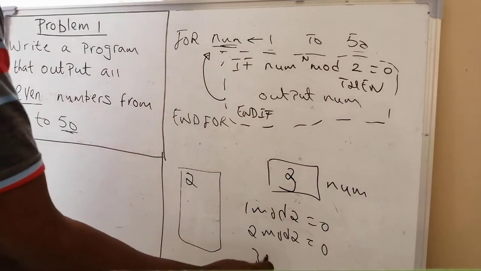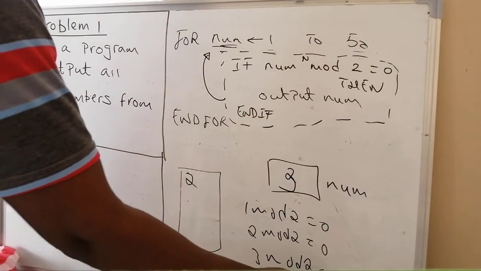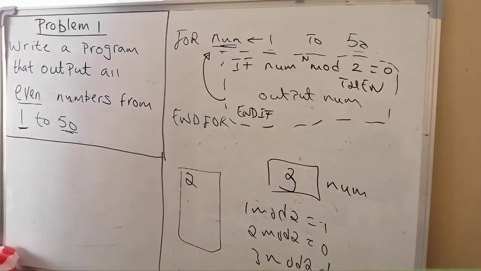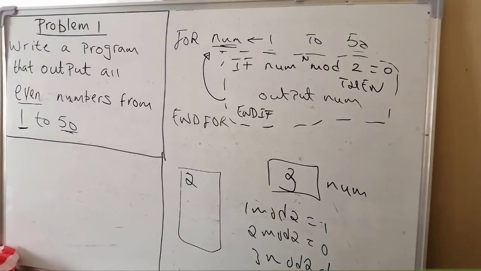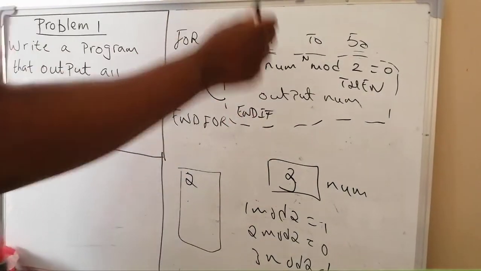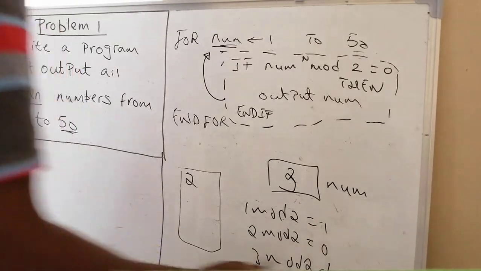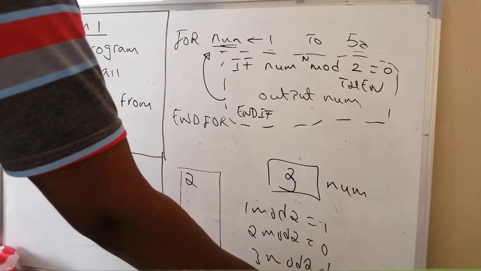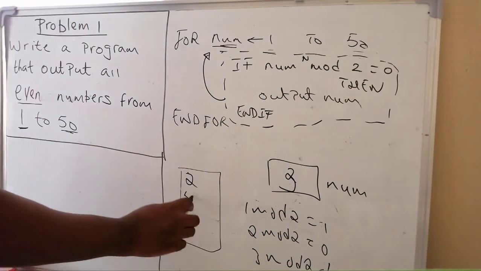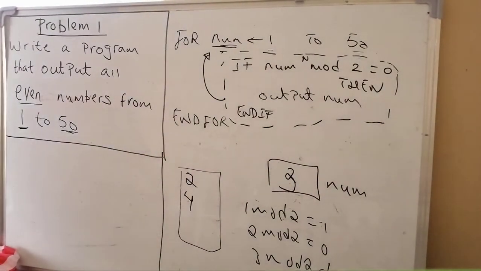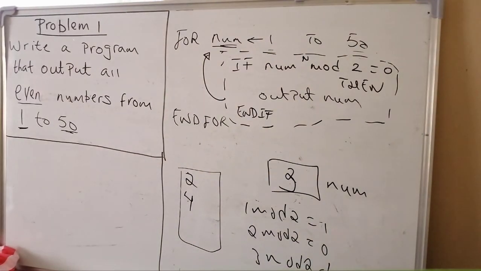Now 3 mod 2, here in fact it's 1. Now it's not an even number. Again, to go up, we have 4 mod 2. Now in this case, this is going to be 0, then the number 4 is outputted. If you take a look, all the even numbers from 1 to 50 will be outputted in the following program. Thanks for watching and see you for the next problem.